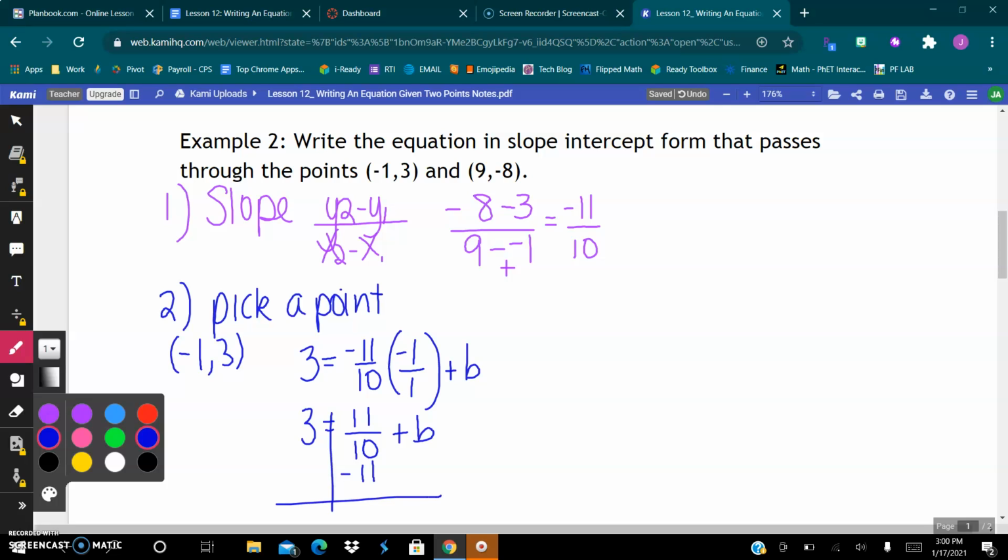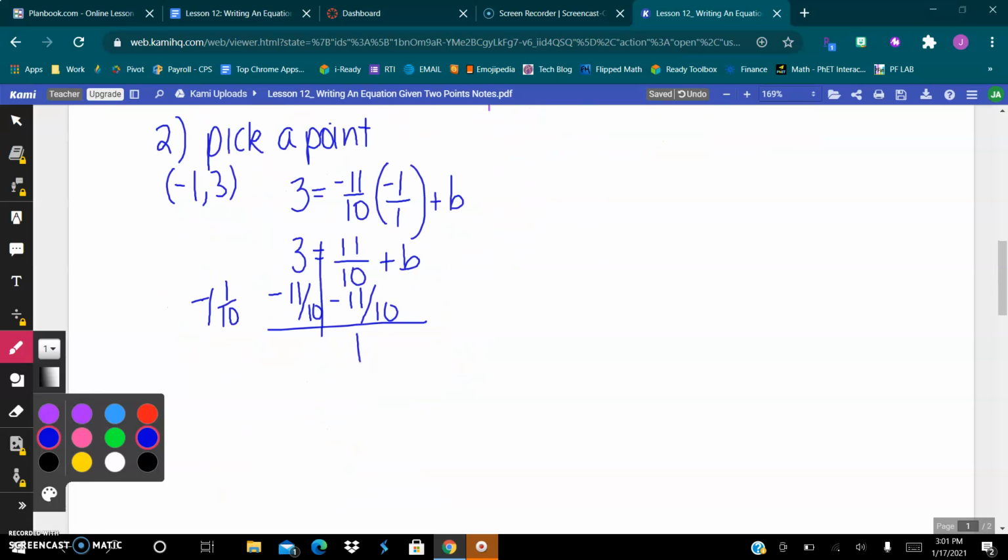So we're going to have to subtract 11 tenths from both sides. And if you want to think about this, 11 tenths is really 1 and 1/10 that we're subtracting. So b is going to equal 3 minus 1, which gives us 2, but then we're going to have to subtract 1/10 from that. So we're going to be left with 1 and 9/10.